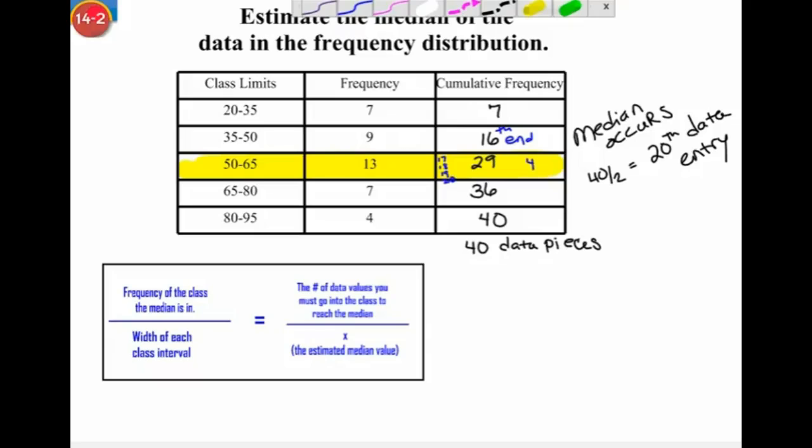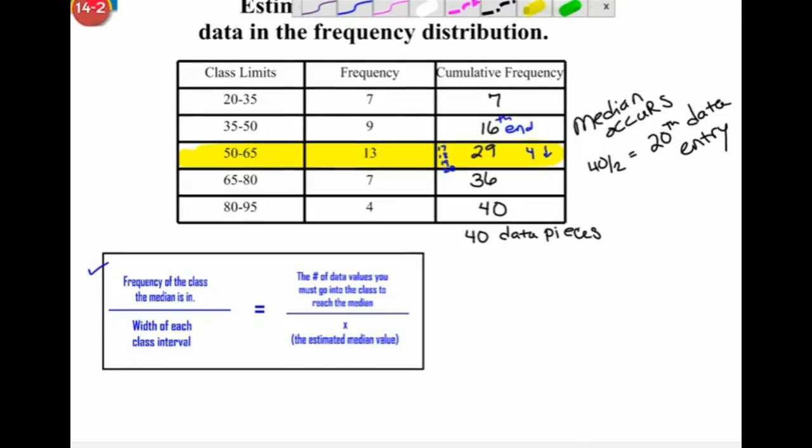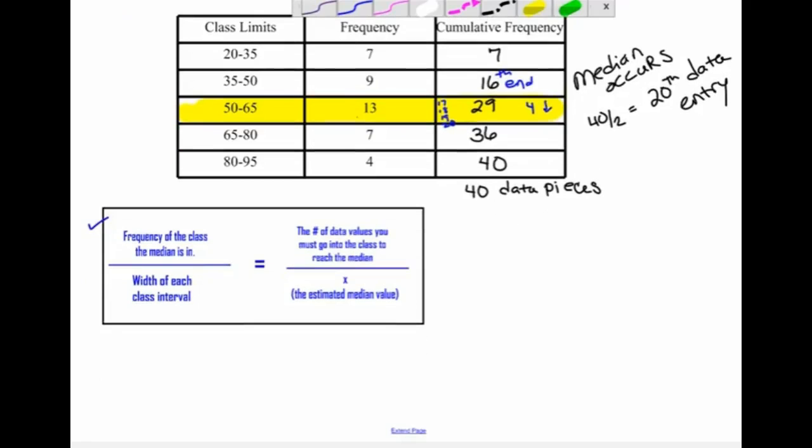This will be 4 into this set, right? And I need that when I go to this proportion. So the frequency of the class the median is in: there were 13 data pieces in that interval. The width of my intervals in this case is 15.